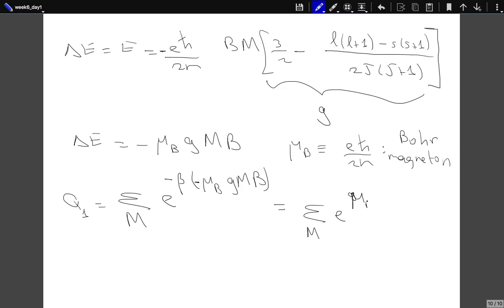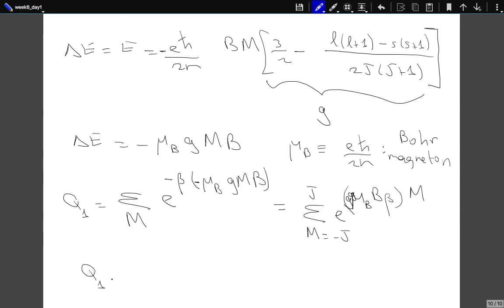In this case it will be similar to mu B, the magnitude of the magnetic moment. Then we have B times beta as our x. Then here we have g. Let me also include the g over here, because g times mu B is, in this case at least, more or less the magnitude of the magnetic dipole moment. That is what is multiplying B in the energy. And then m. M goes from minus j to j.